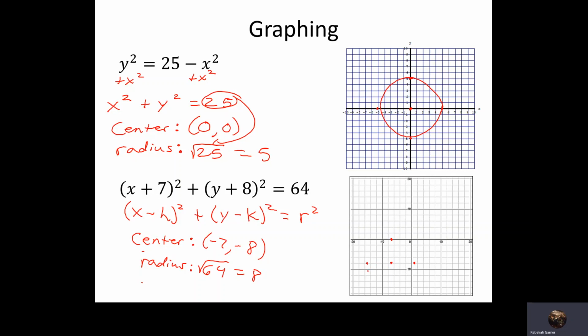Why are these such boxes? Because circles are hard to draw on the graph, unless you have a compass.